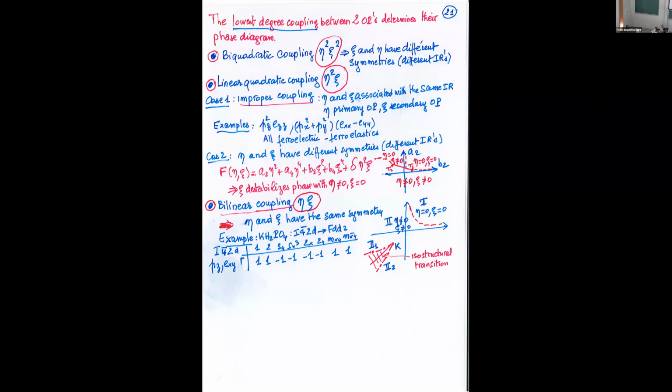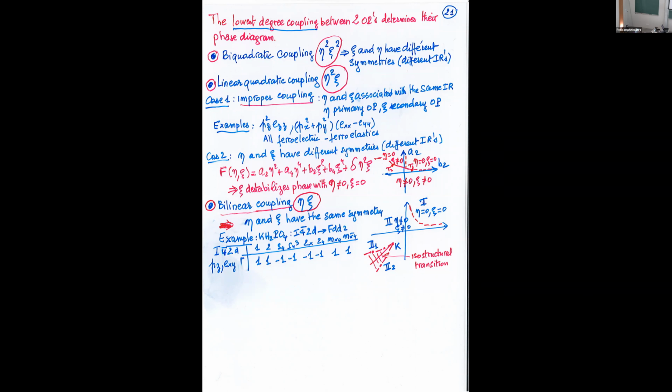You have what we have already seen at the beginning, the primary order parameter eta, which couples to the secondary, and you have effectively a coupling between eta square, the primary order parameter, and psi, or zeta, I don't know the name of this Greek letter, which would be the strain. This is called improper coupling. We have already spoken about that.